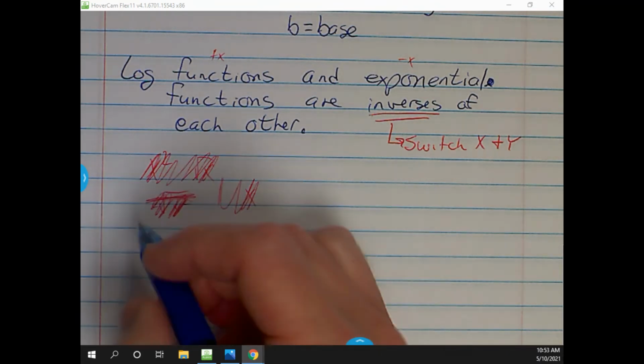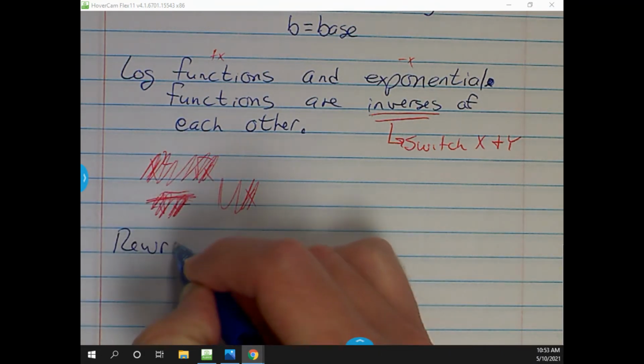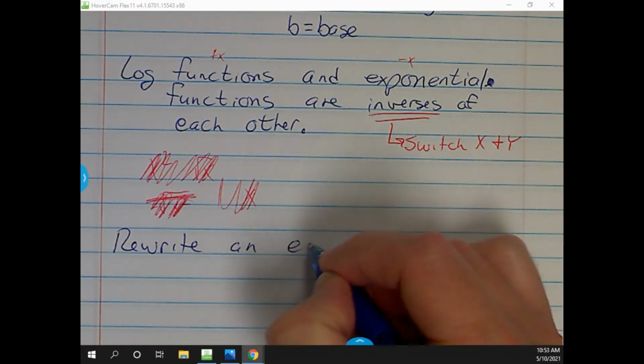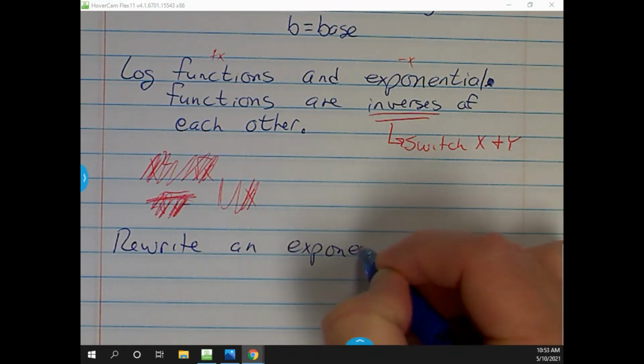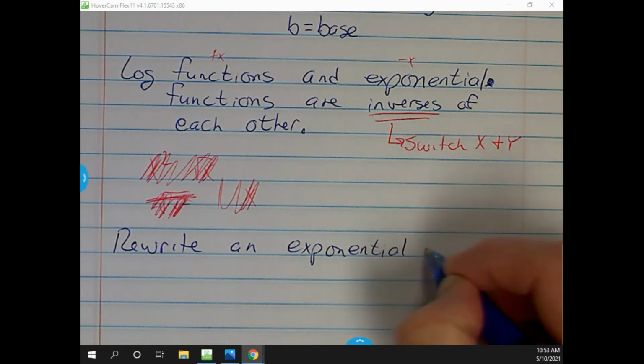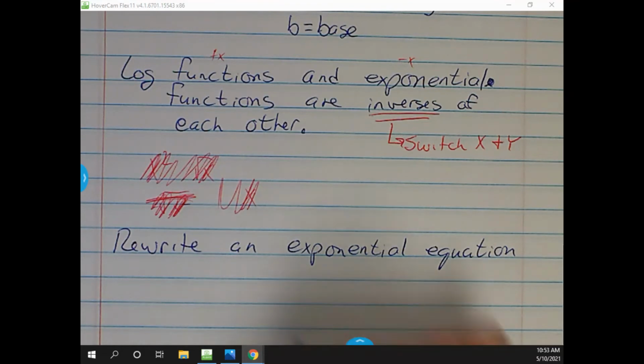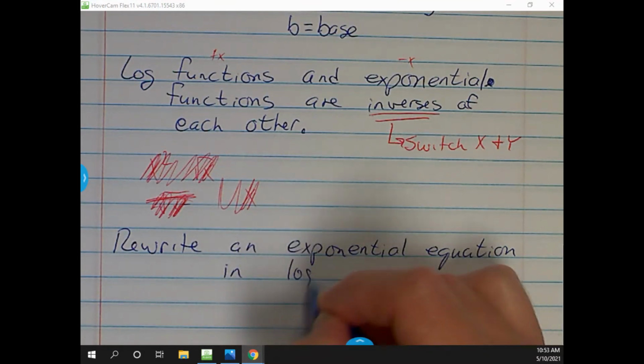Okay, so the first thing they're going to ask you to do, and this is where we just get some practice, is to rewrite an exponential equation in log form.